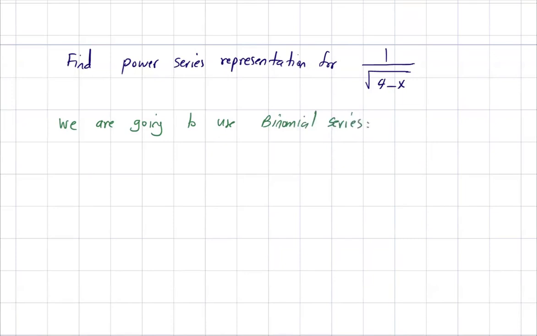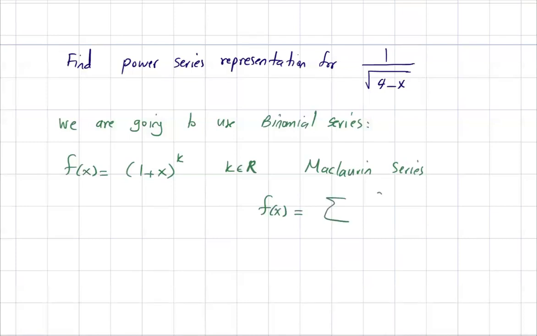For the binomial series, if you have the function f of x equal to 1 plus x to the power k, where k is any real number, we use the Maclaurin series, which says f of x can be represented by the summation of the nth derivative of f at 0, times x to the n, divided by n factorial.